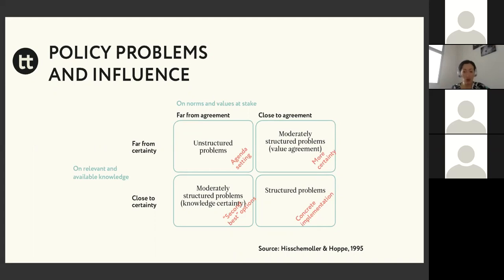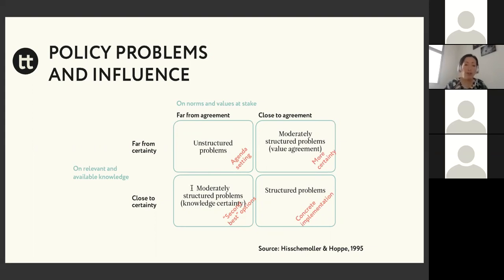Okay, so the question here is regarding those problems where there is a disagreement on values. So we are far from agreement on values. When we are far from agreement on values, we have two types of problems, and this is related to the second question you have: is it on the policy solutions only, or is it in the interpretation of the data?